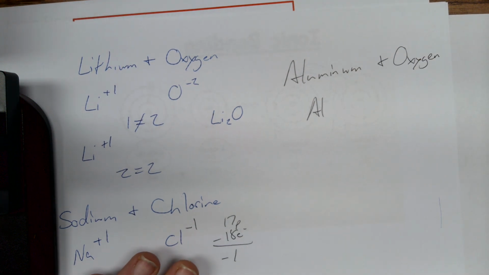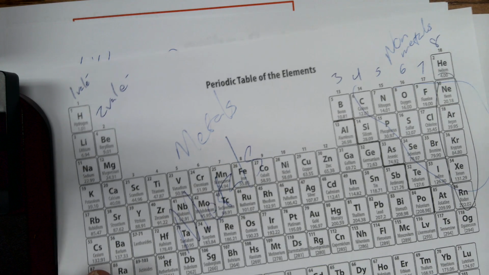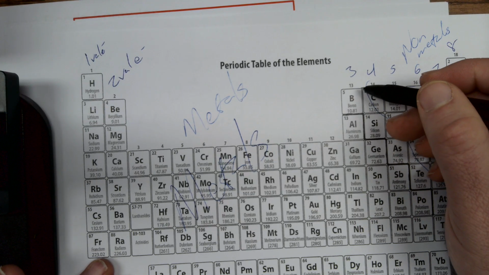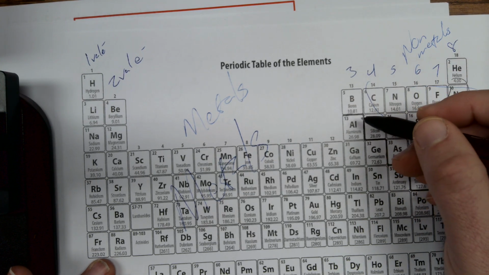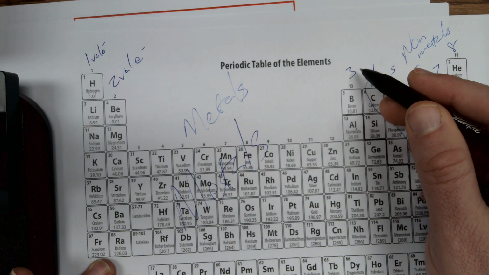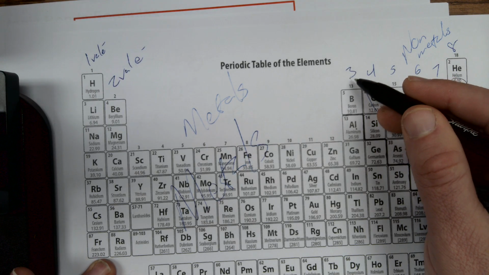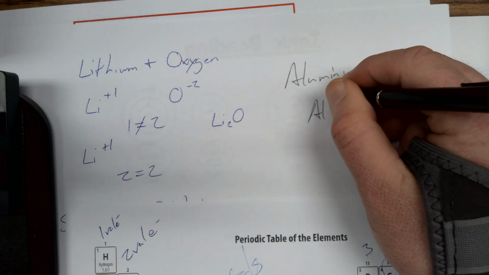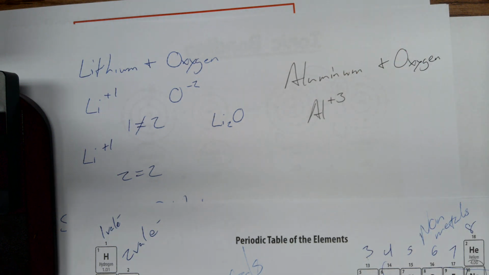What cation is formed from aluminum? Al +1, +2, +3, or +4? +3. Why? Because aluminum is in group 13. Right here we find aluminum, means I have 3 valence electrons I can get rid of, right? Aluminum's going to lose all 3, +3.